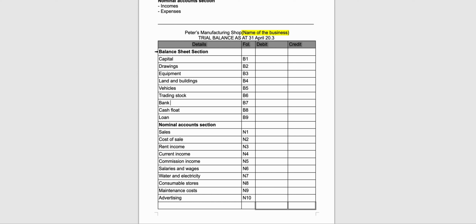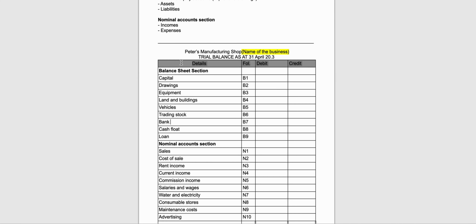So let's start first with our balance sheet section. As I said, in your balance sheet section, you are going to record your owner's equity accounts, which are capital and drawings. After you are done with that, you are going to move on to your assets. Every asset account which is given to you in the activity, you list here.